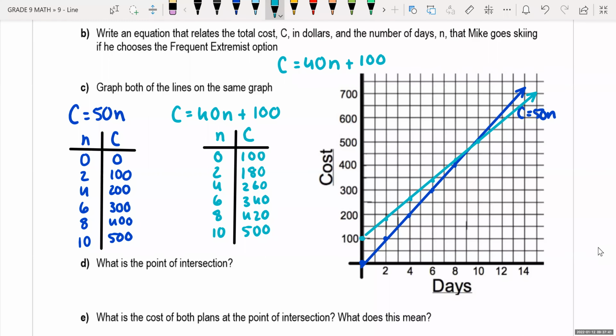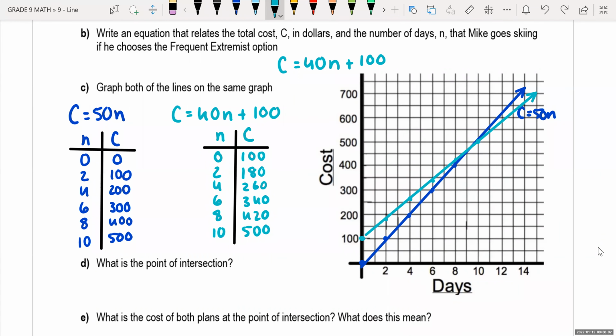Yeah, it's going to be at 10 and 500. And look at the table of values. At 10 and 500 and 10 and 500, you have exactly the same 2 points on both of the lines. And also, if you've drawn your graph accurately, you should be able to see that you have 2 points at 10 and 500.